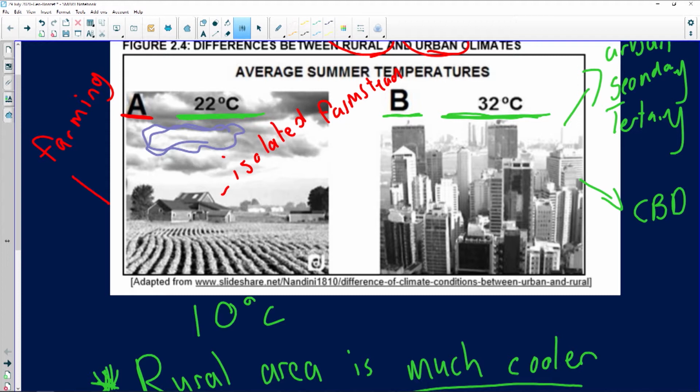If you look at the topography, it's quite flat. But if you look at area B, very high-rise buildings. These high-rise buildings are going to create friction. They're going to be obstacles for the wind. So what's going to happen to wind speed? These massive buildings are going to be an obstruction.